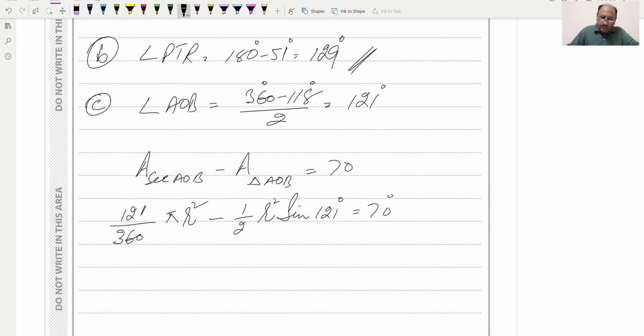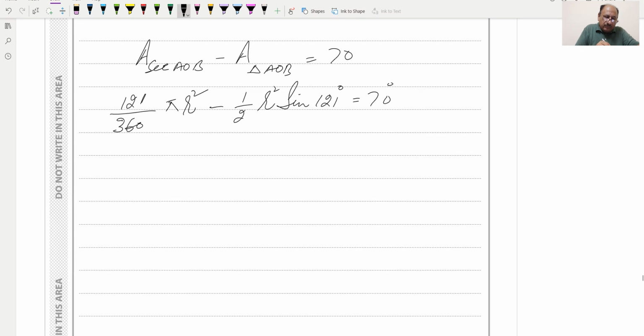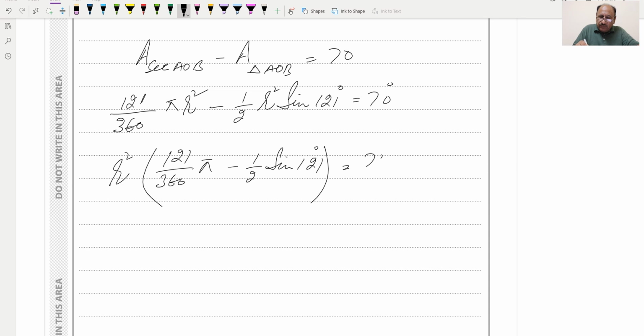Now we can take r square common, so inside will be 121 over 360 pi, minus 1 by 2 sine of 121 degrees, and this is equal to 70.